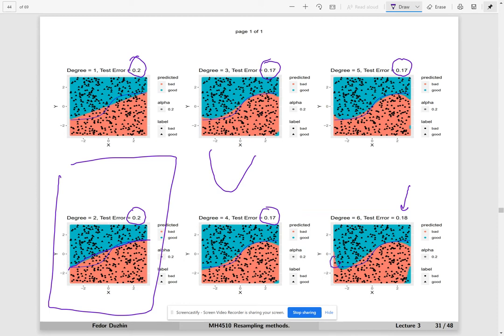So in particular here, you see this observation is on the right side, but there are an unusually large number of observations here that are on the wrong side, and they are probably pulling it a little bit higher up here. Which is why it's more wiggly.